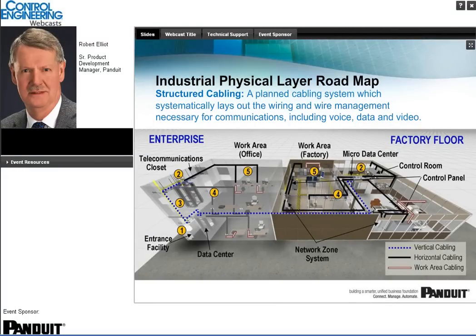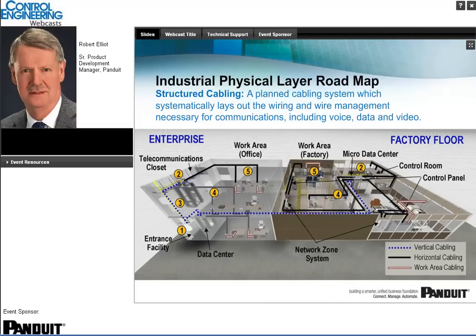So as we drill down one level more, we've talked about the topology used in the industrial network, and we've talked about some of the standards. Now we see how those standards and that topology map into exactly what a structured cabling system looks like in the industrial automation application. Let's start with the definition of structured cabling.